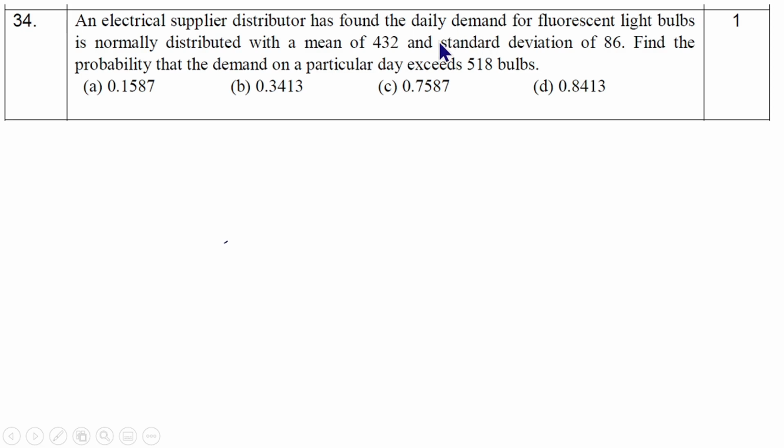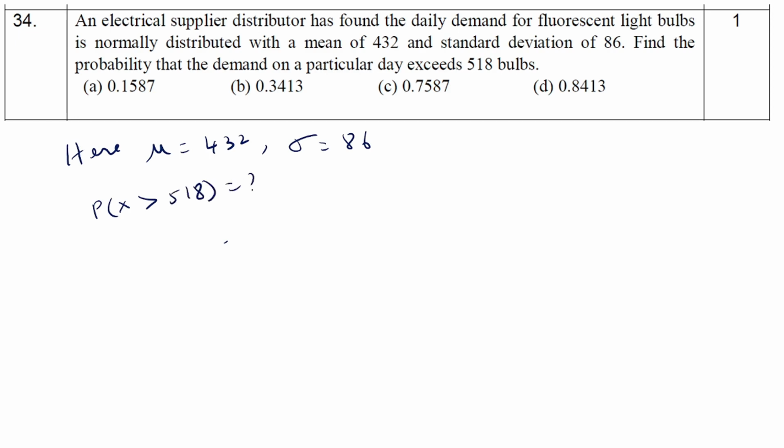So the mean daily demand is 432. We need to find the probability that demand exceeds 518. So here mu is equal to 432, sigma is equal to 86. Now we need to find probability of x greater than 518. So here x follows normal, mu comma sigma.